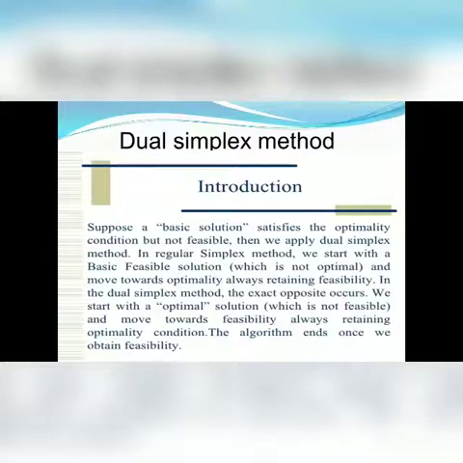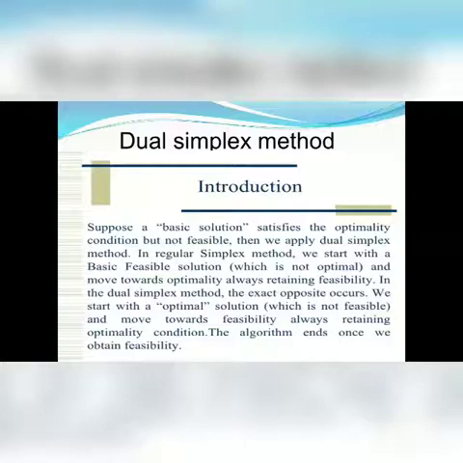Now I am going to explain the dual simplex method introduction. What is the dual simplex method? Suppose a basic solution satisfies the optimality condition but is not feasible, then we apply the dual simplex method. In the regular simplex method, we start with a basic feasible solution which is not optimal, and move towards optimality, always retaining feasibility.